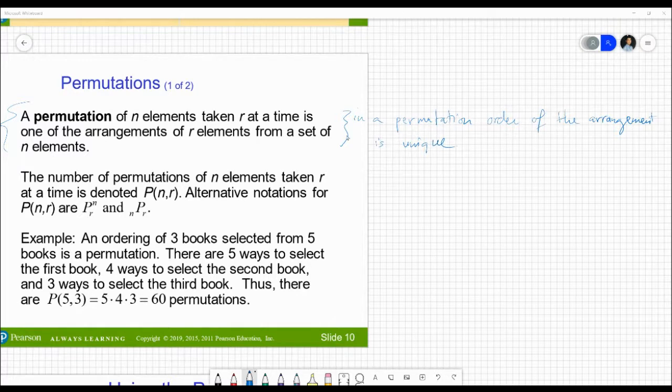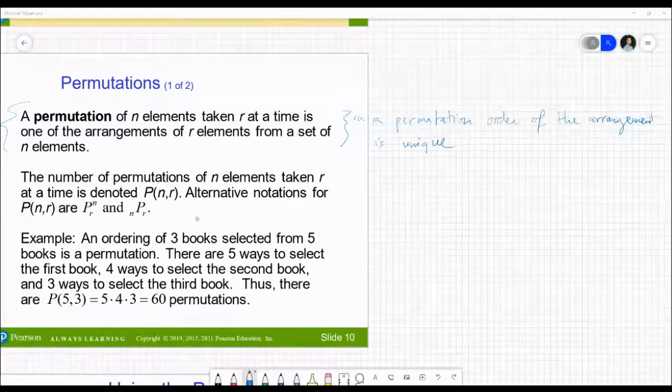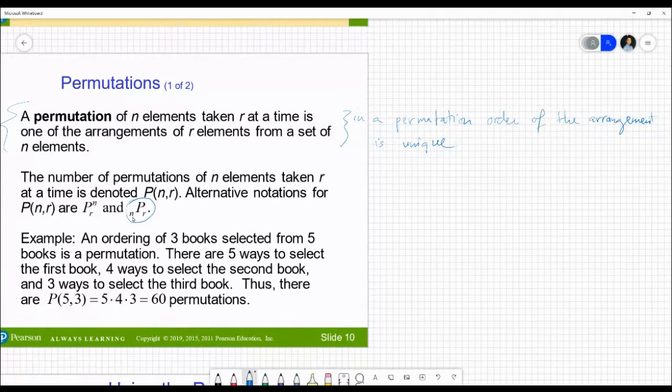All right, so the notation that we're going to use is this one. This is the one I like, but I think the book also used this one here. So we have P. The P here stands for permutation. The n is the total number of objects or elements, and the r value is the number of objects used.